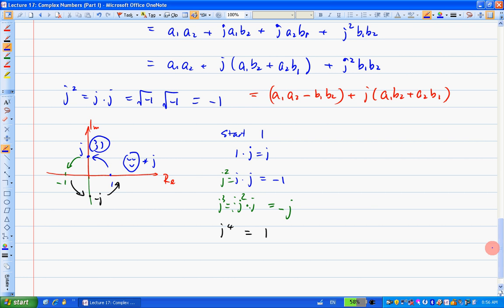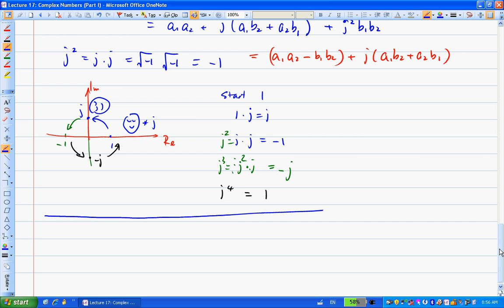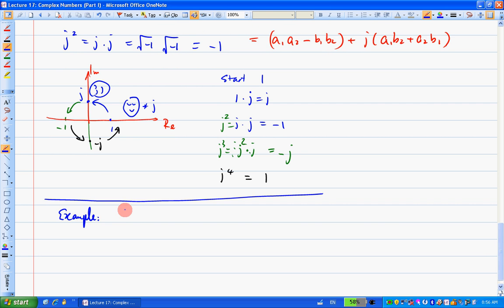Okay, so that's multiplication. Now let's take a look at one simple example. I have z equal to this. Calculate z multiplied by z star.